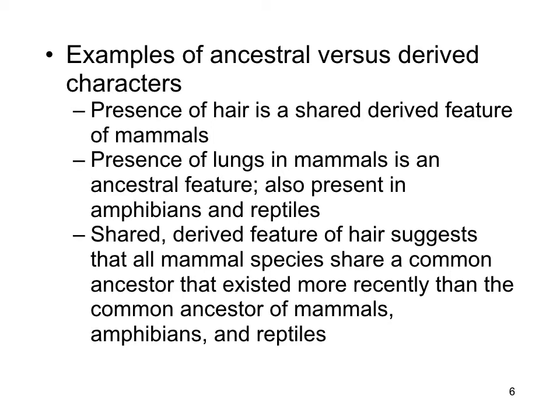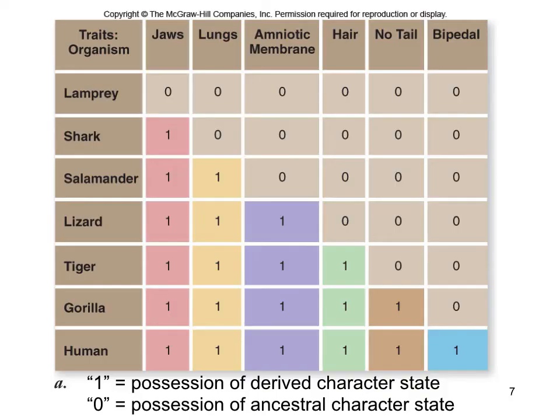So only mammals have hair, and so that suggests it's a derived character, and that it's unique to that group. And so when we look at characteristics, we try and link them, and we often look at multiple characteristics. So we look at presence and absence, and we may look at lots of different things.